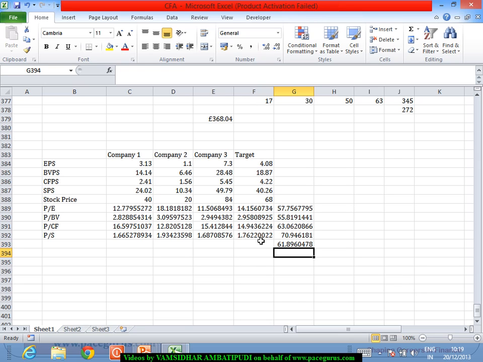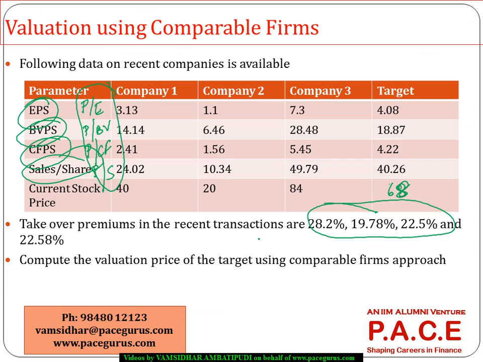And along with that, this is my base calculation, and on top of that, I will bring in the takeover premium. I am seeing the takeover premiums of the latest transactions, so this need not be for the same industry. Of course, if they are from the same industry, it's really good, but not mandatory. So just to see in the recent past, what is the kind of premiums that the potential acquirers are generally paying to acquire the targets.